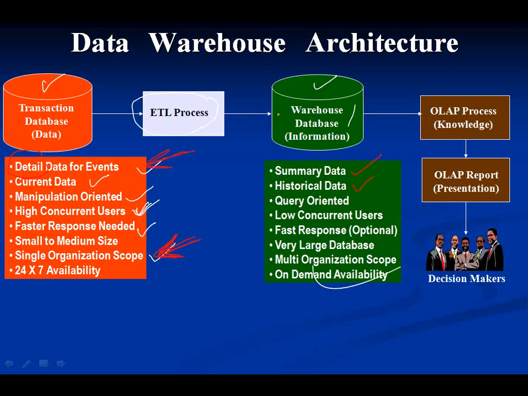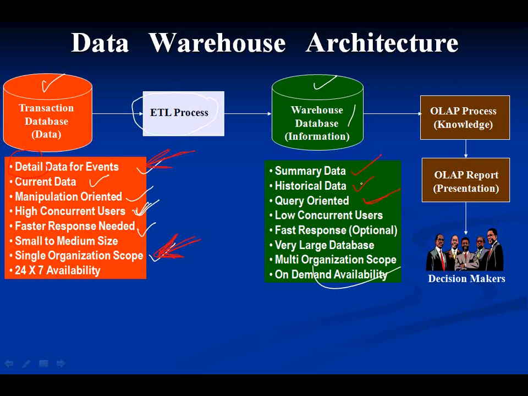Once you store the data here, we store it for the purpose of business queries. So the database is query oriented. So it should be optimized for queries. Transactional databases are to be optimized for manipulation. This is to be optimized mainly for queries, because we don't manipulate the data.